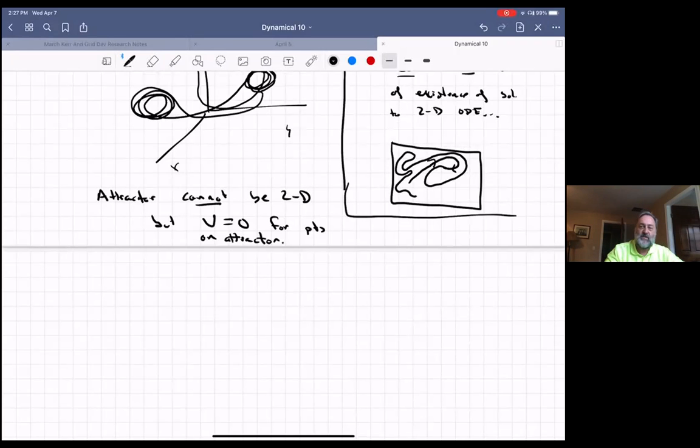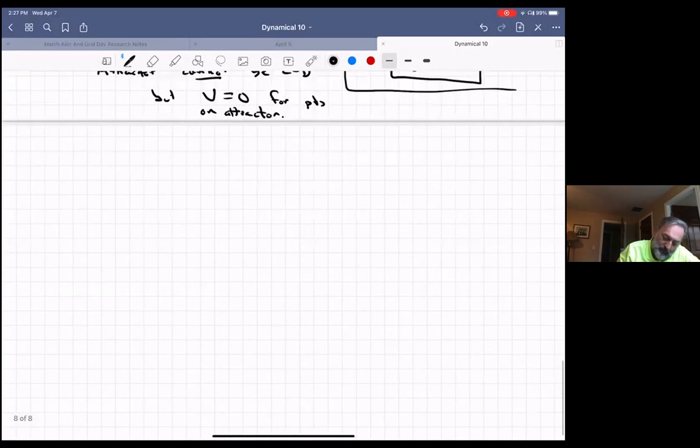So think about your standard integer dimensions.